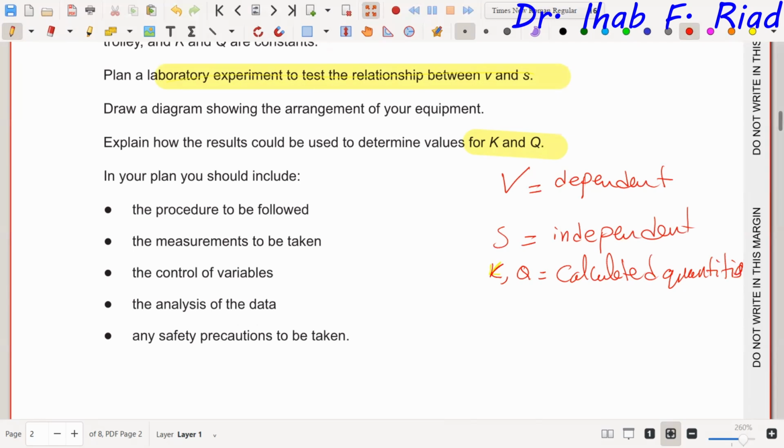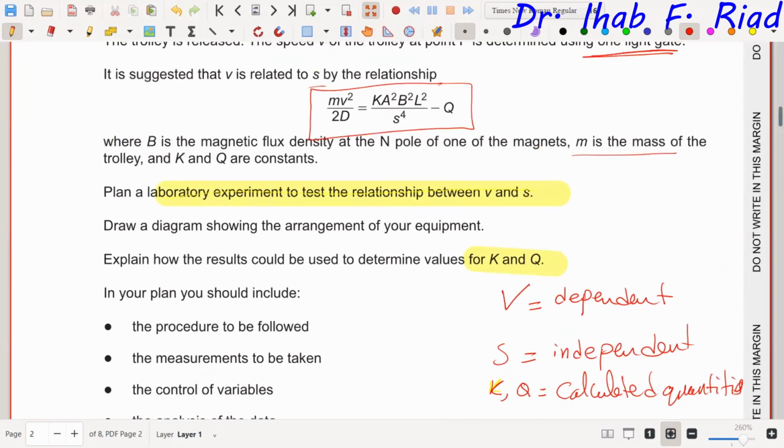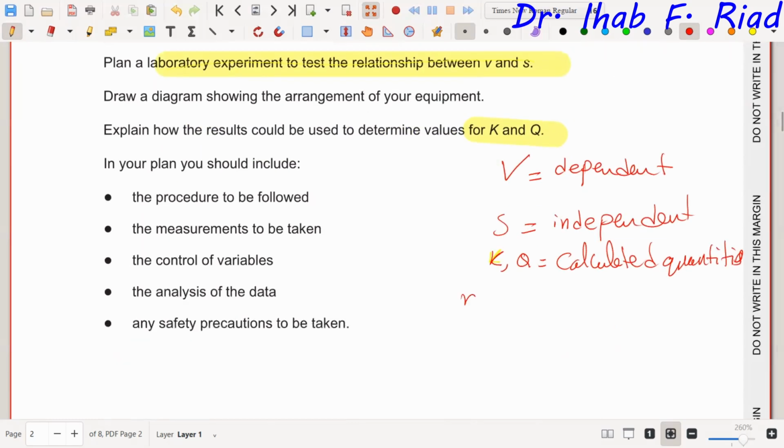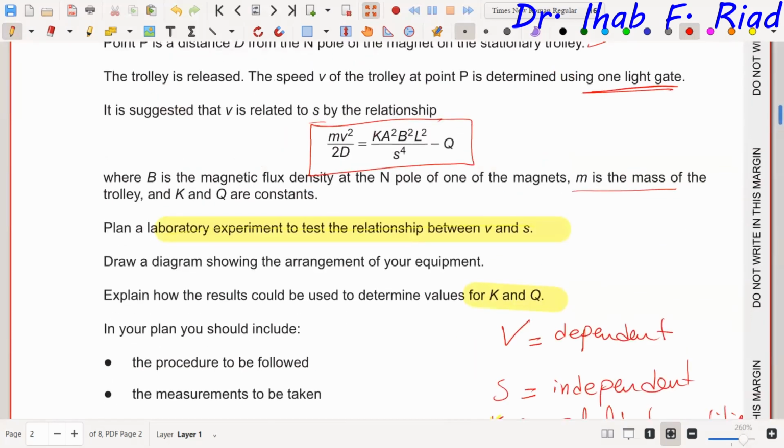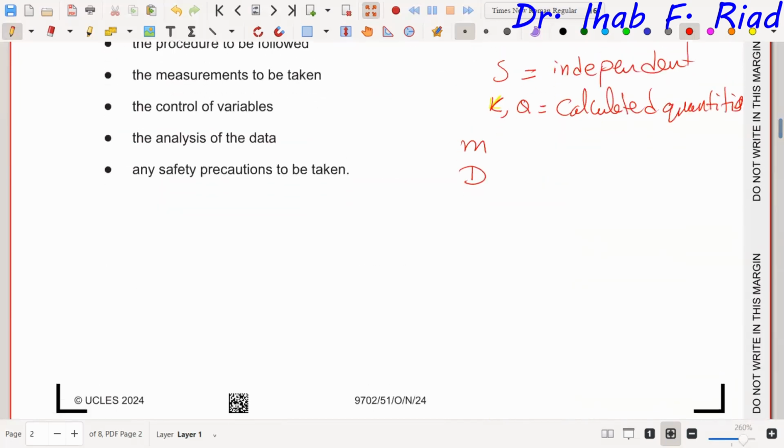Then what else do we have? We have M, which is the mass, D, A, B, and L, right?